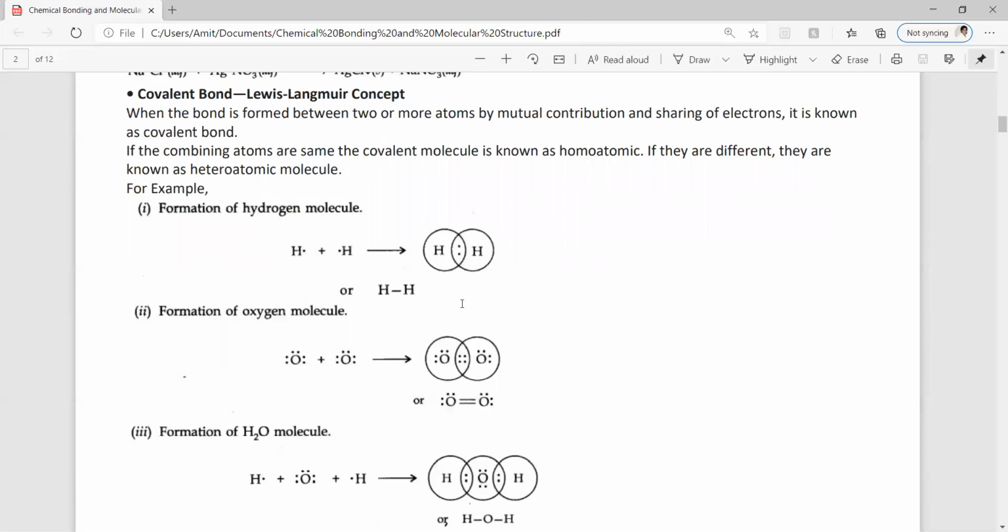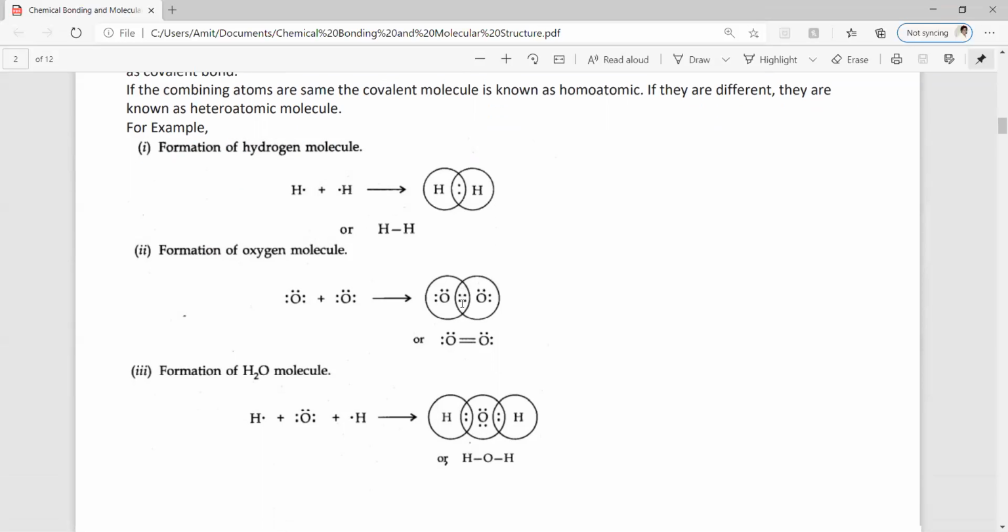For example, formation of a hydrogen molecule: one hydrogen has one electron, the other one also has one electron. Together they are stable with two electrons. Oxygen has six electrons in the outermost shell. They share two electrons, and then they have eight electrons, four each and four that are shared. In H2O, hydrogen has only one each, and oxygen has six. So both the hydrogens share with oxygen, and together they have a stable structure.